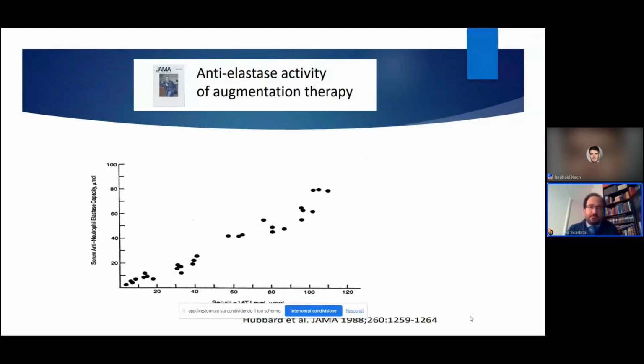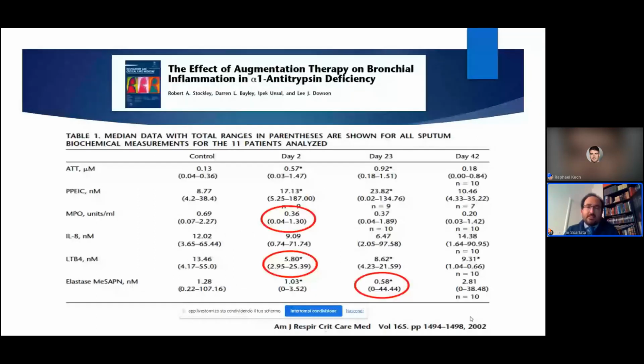And this is also certified in studies that show how augmentation therapy is able to decrease the level of those inflammatory biomarkers involved in lung failure and emphysema pathogenesis.